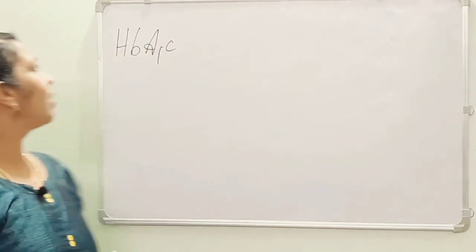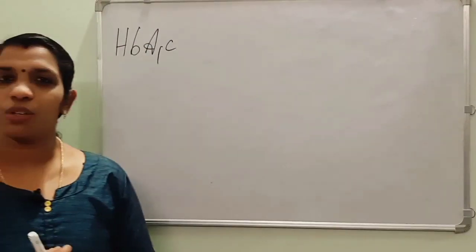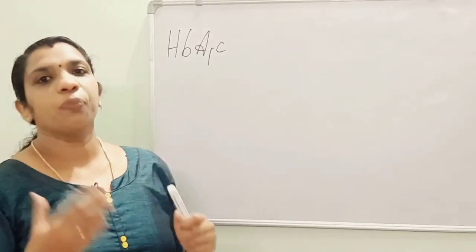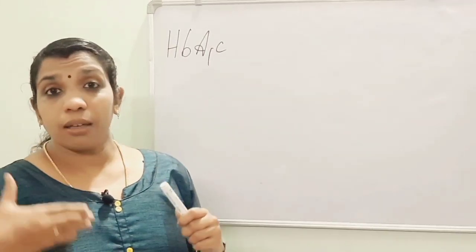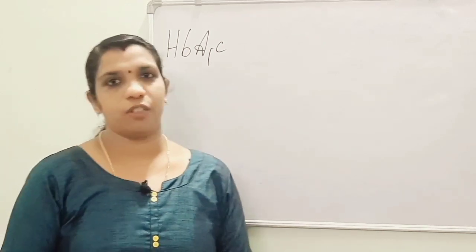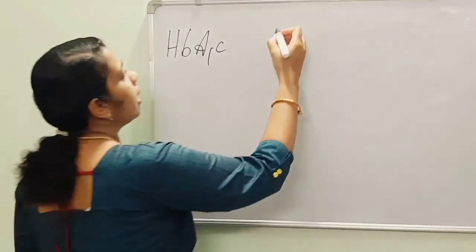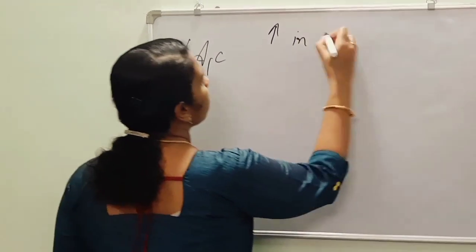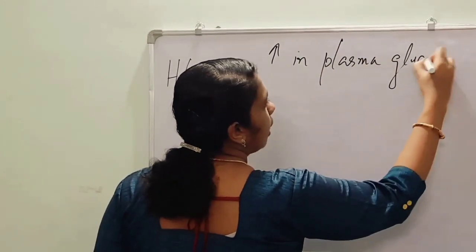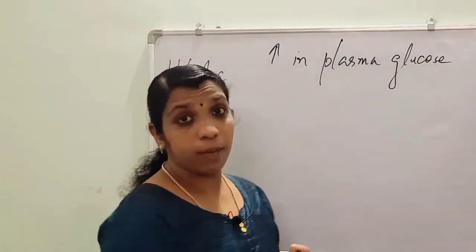Okay, so HbA1c is also known as glycated or glycosylated hemoglobin. So what is the mechanism behind the increase in HbA1c? In diabetes mellitus there will be an increase in plasma glucose.